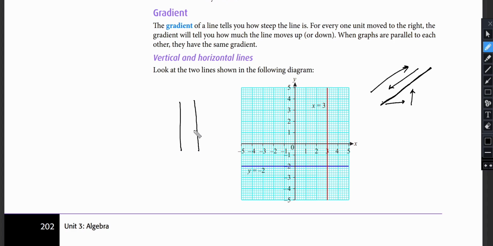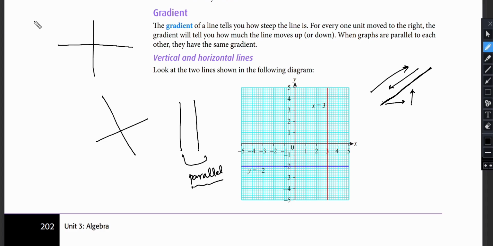So in the graph, if we have one line like this and another line like this, we can say that both of the lines are parallel to each other, based on their gradients. As they have the same gradients, they will be parallel lines. If one line is vertically straight and another one is horizontal, then the gradient is the reciprocal of the other.